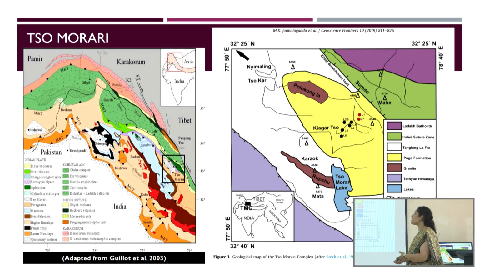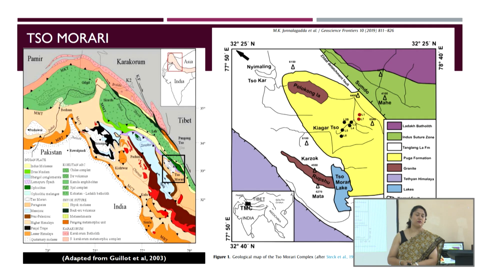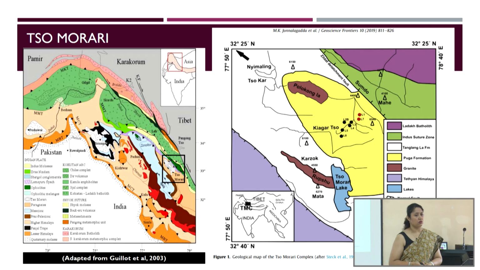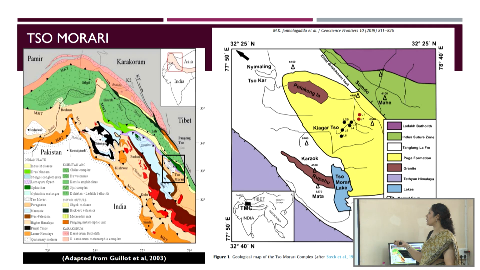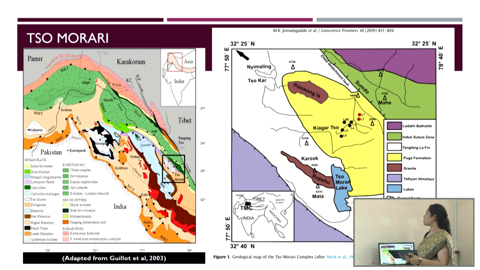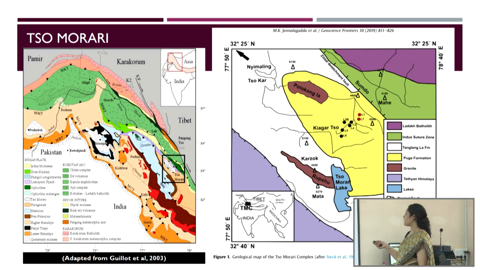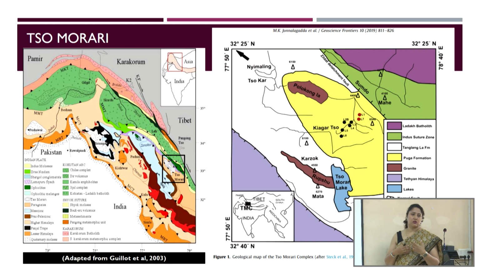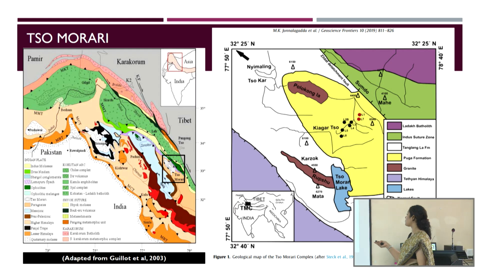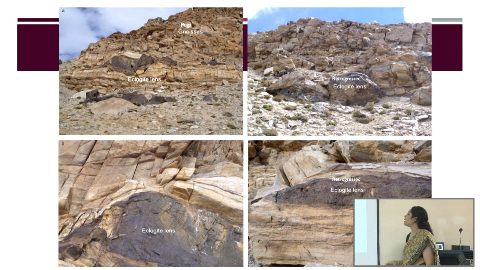But since that was never really the focus of our attention, and maybe now we'll switch and look at the crustal or felsic rocks also, we never really worked on those. Very few people have worked on those in literature, but you will find information about the quartzofeldspathic gneisses. The eclogites have been intensely worked because they preserve the coesite, and they tell us different things about subduction histories, at least of the Indian plate.